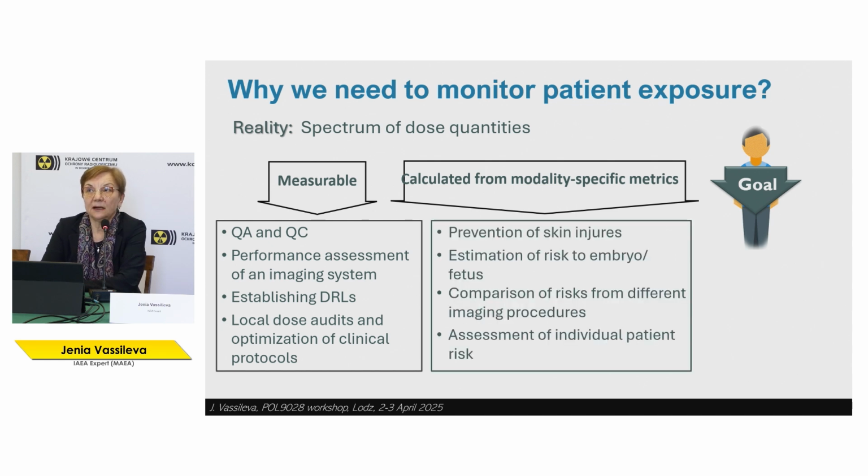And then calculated quantities, organ doses, effective dose, we can use for example for prevention of skin injuries. For this, we need to know skin dose. Estimation of risk to embryo or fetus if a pregnant patient needs an examination, for example.